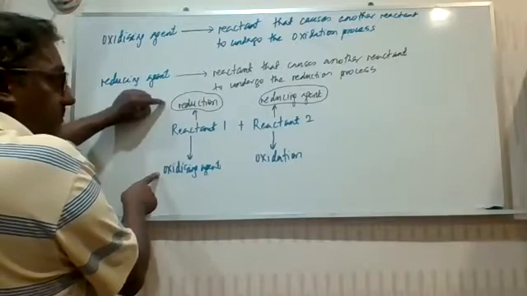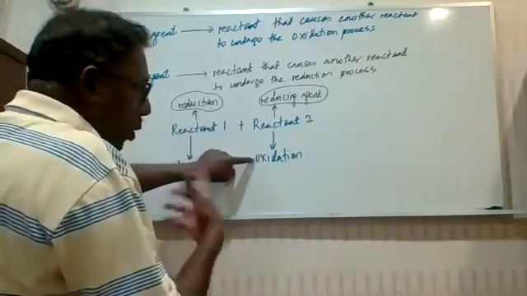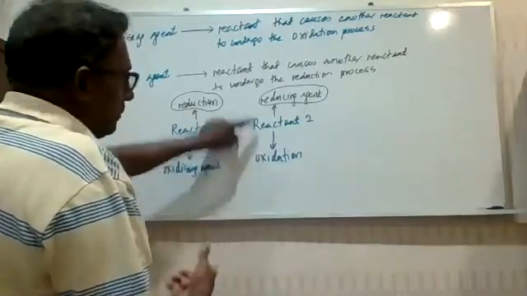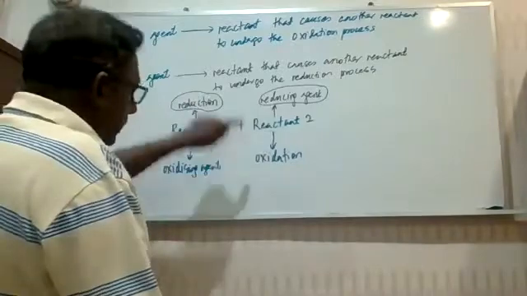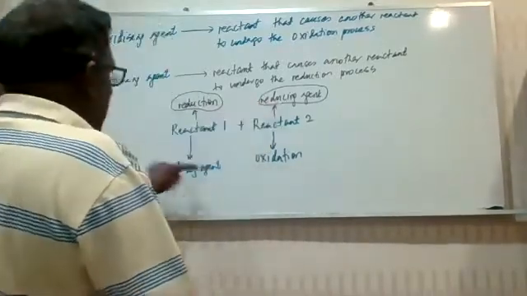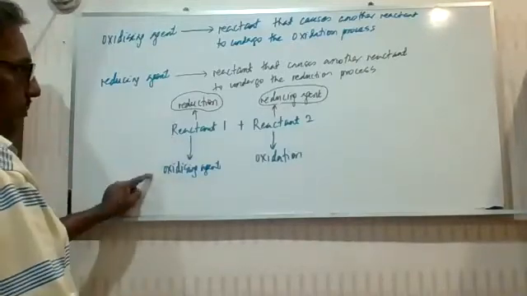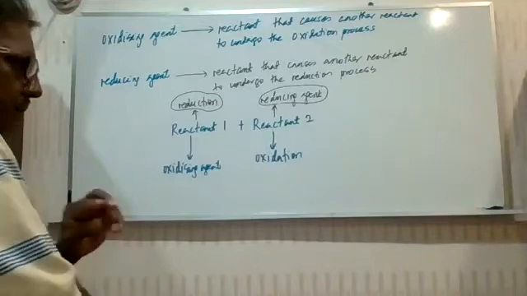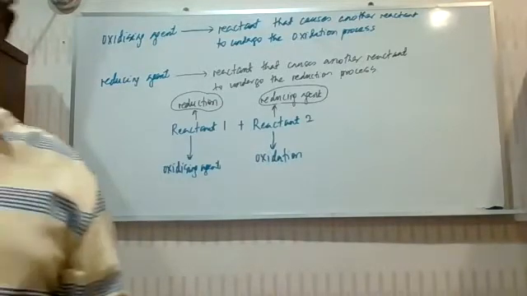You see the opposite. If a reactant undergoes oxidation, then what role is it playing? Reducing agent. Capture this in your mind again. A reactant that undergoes oxidation is the reducing agent, while a reactant that undergoes reduction is the oxidizing agent. Take about 30 seconds and capture that.